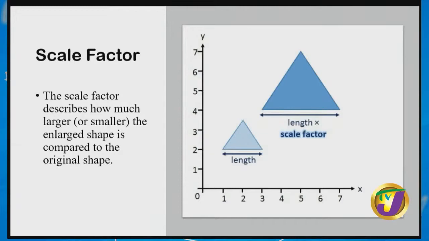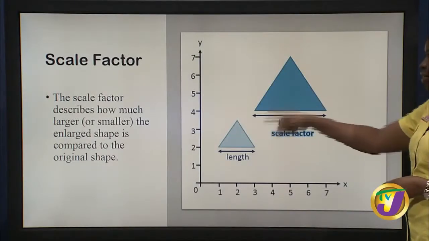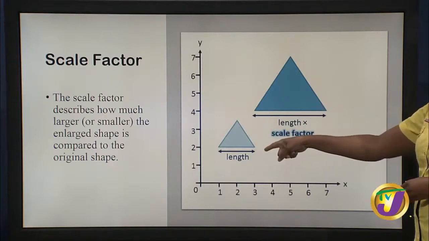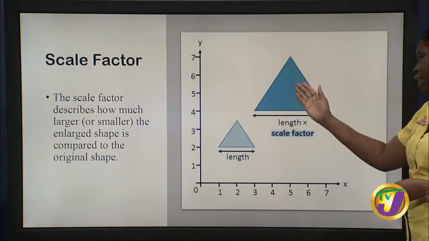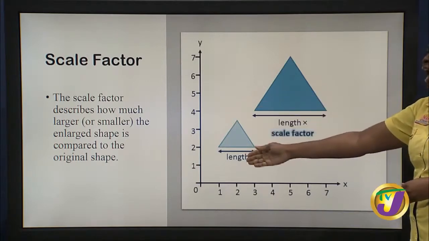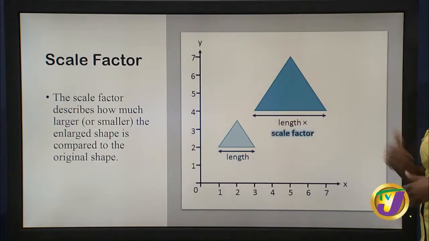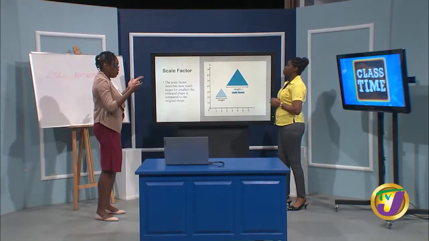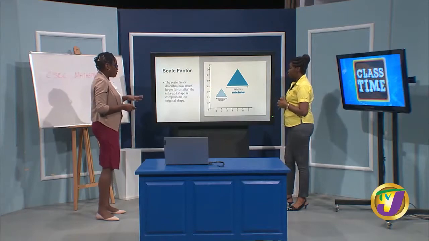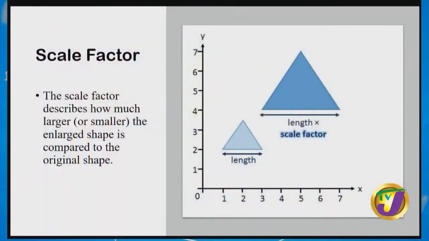This triangle is twice the size of this one using the scale factor 2, because that's the proportion of 2. This is 2 times that, or we could say that this one is half of this size here. Basically, the scale factor describes how much larger or smaller the enlarged shape is compared to the original shape.